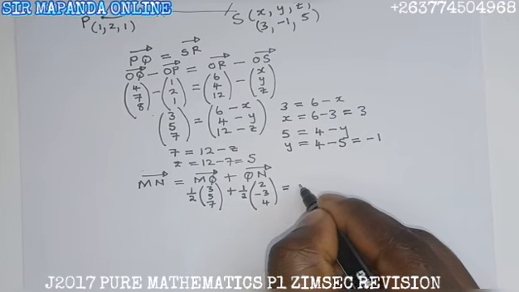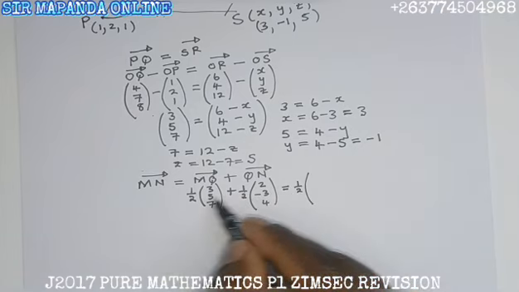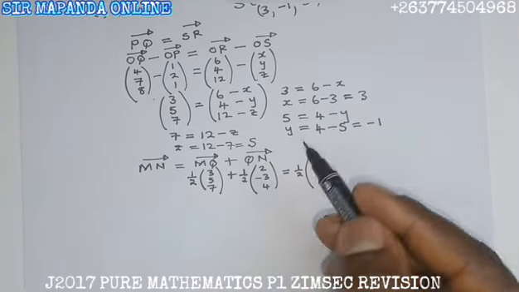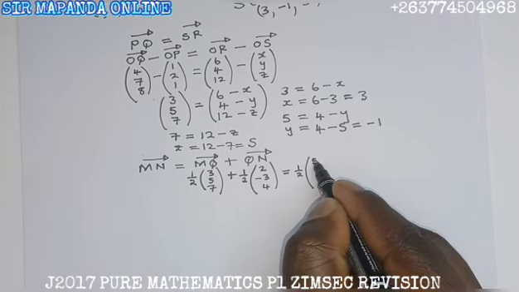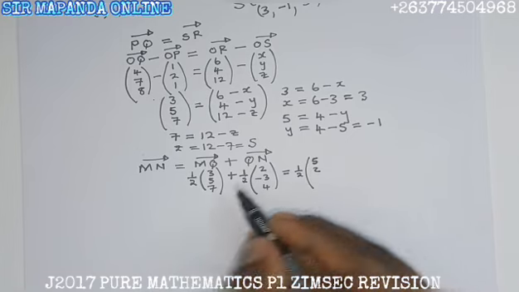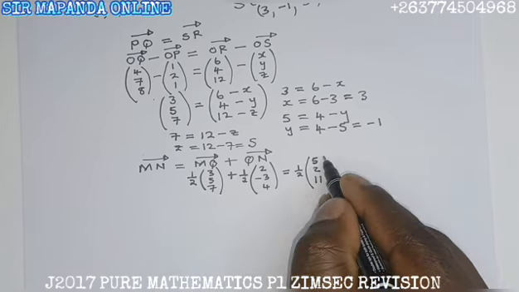Right, so I'm going to factor out half first as a common scalar so that I start by adding the corresponding terms. 3 plus 2, you get 5. 5 minus 3, you get 2. 7 plus 4, you get 11.